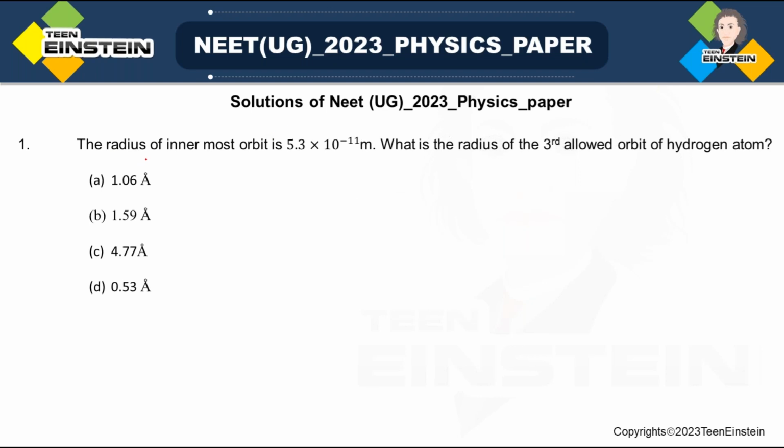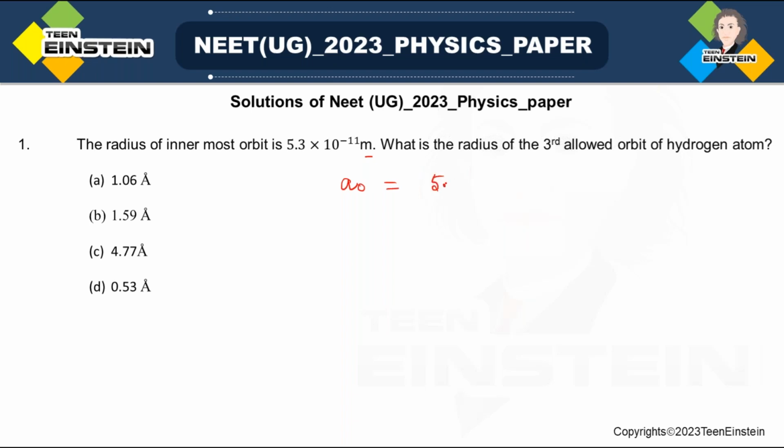So this question says the radius of the innermost orbit is 5.3 × 10^-11 meter. Innermost orbit means we can say that is the Bohr orbit, a0. Bohr orbit is denoted by a0, sometimes r0.